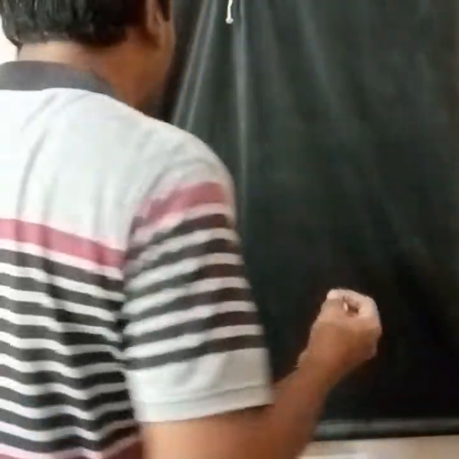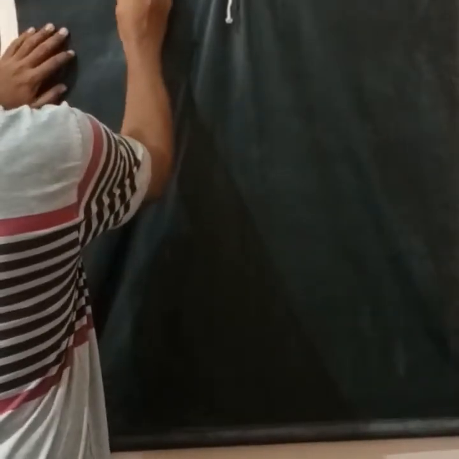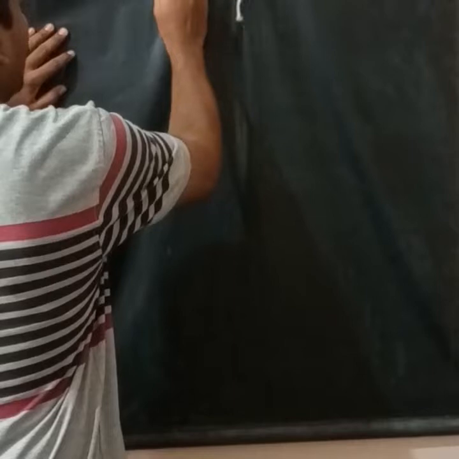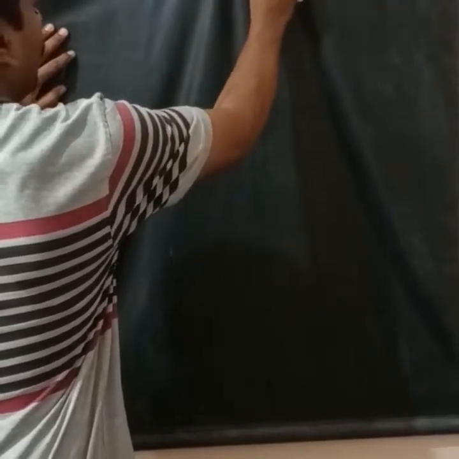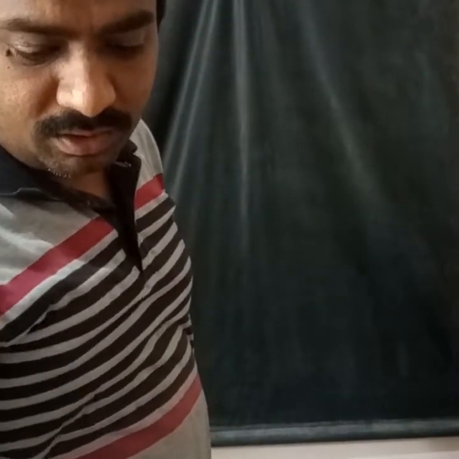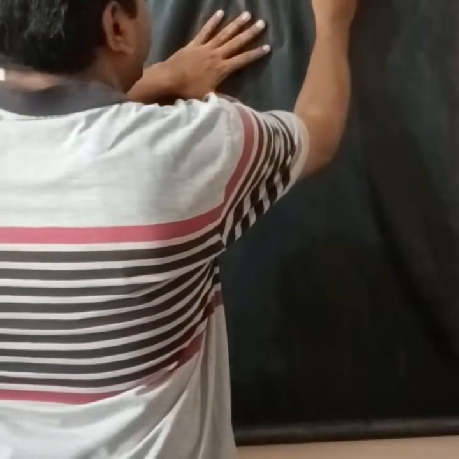The diameter of the cylinder is 150 mm, that is 0.15 meter. Once the diameter is given, you have to calculate the area.